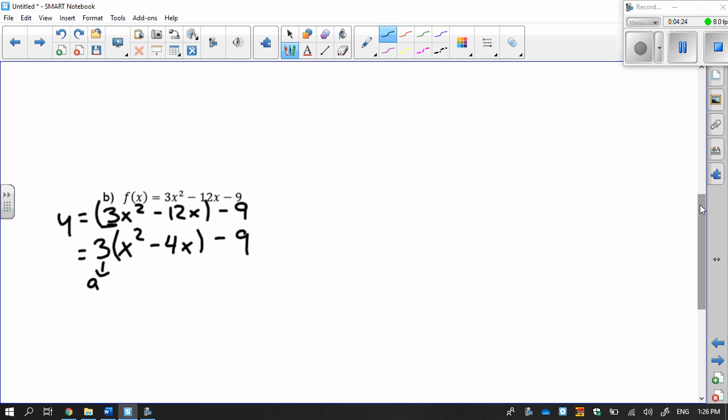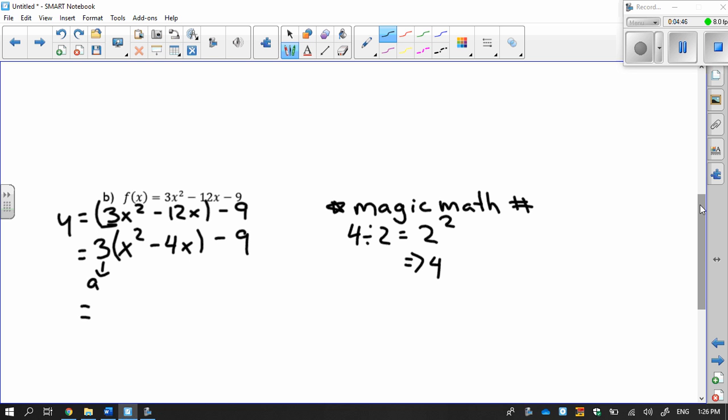So let's find our magic number, our magic math. So 4 divided by 2 gives us 2, and then 2 squared gives us 4. So nothing changes yet.